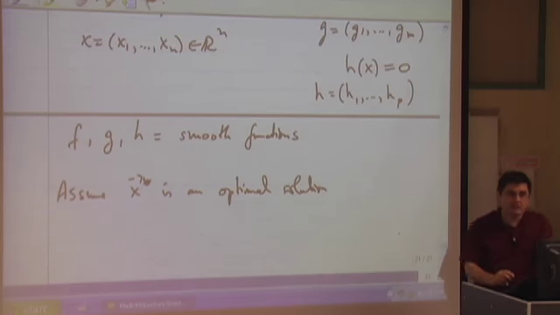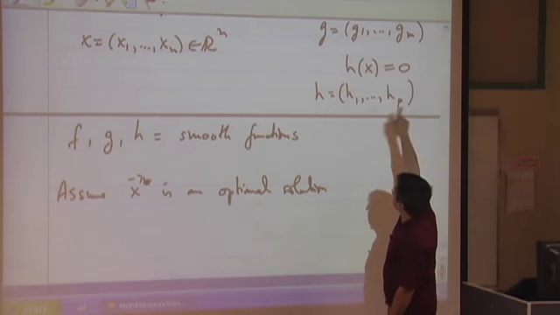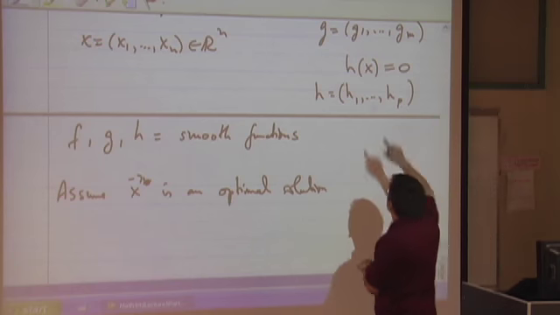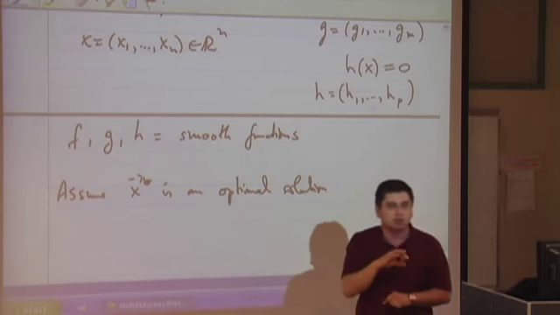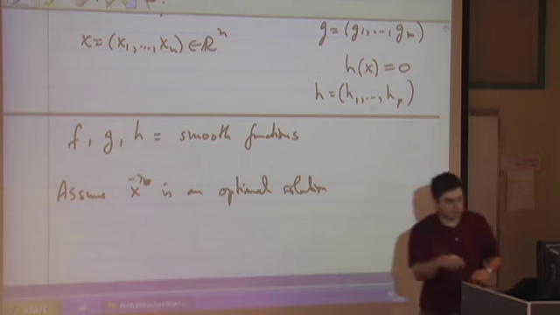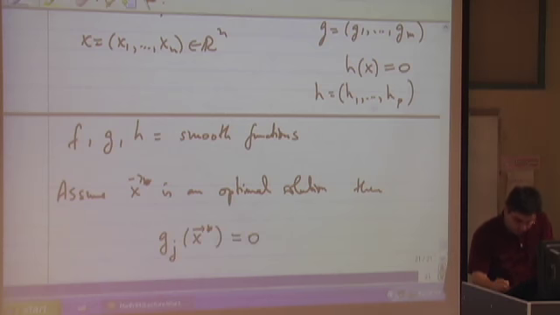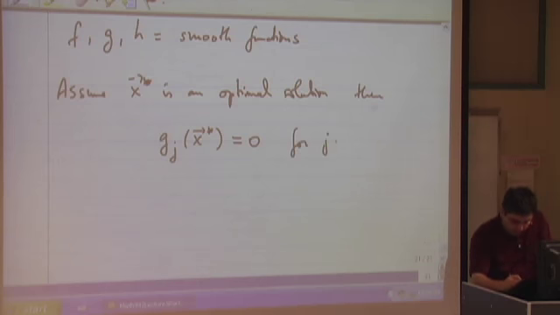Well, if that's the case, all the equality constraints are going to be satisfied, and the question is, there might be some of the inequality constraints that are also satisfied as equality. Then g_j of x star is going to be 0 for j in some subset of 1 through m, possibly empty.